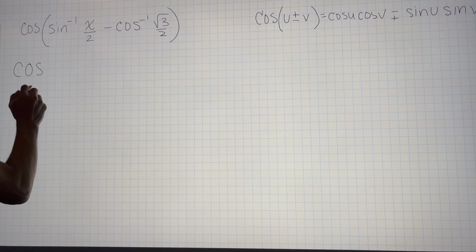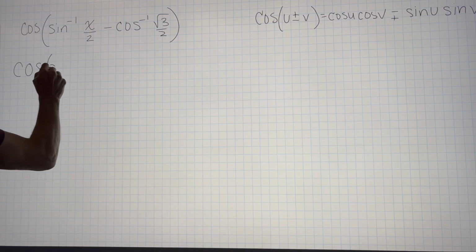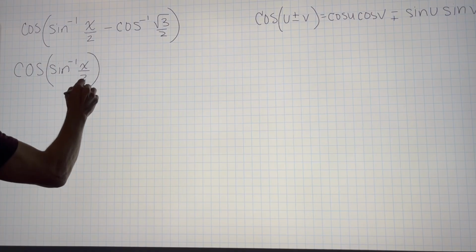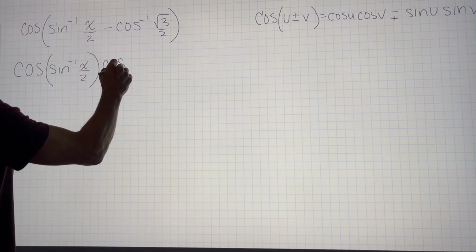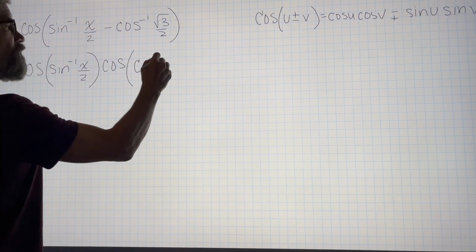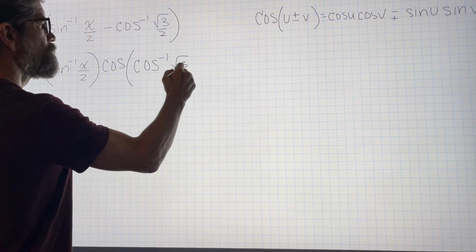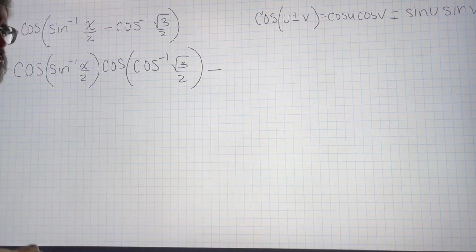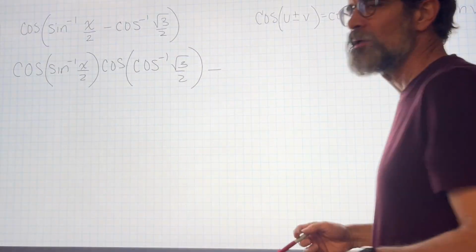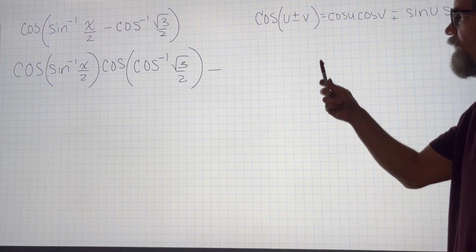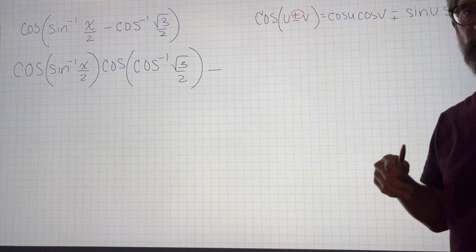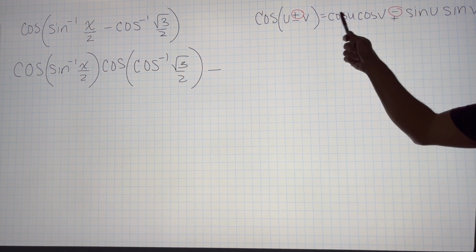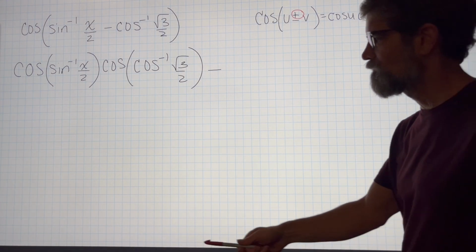So it's the cosine of the first angle times the cosine of the second angle minus. If you haven't picked this up already, the formula tells me that if I'm doing the sum of two angles, I'm going to do the difference of these two expressions.